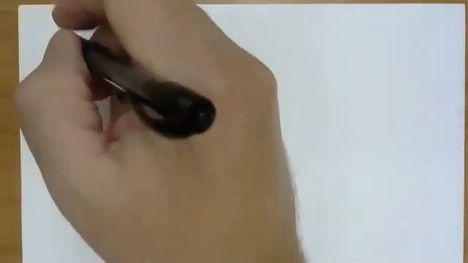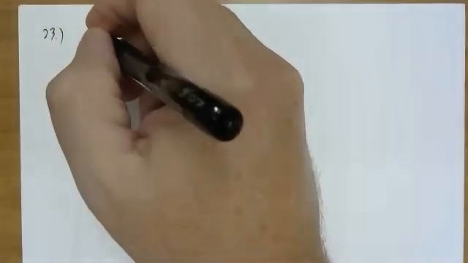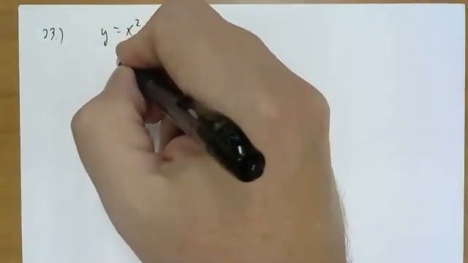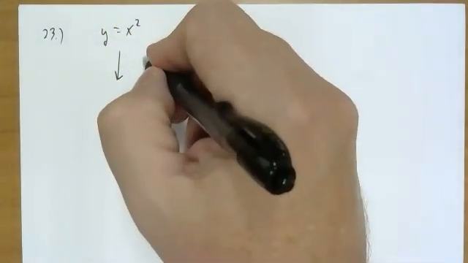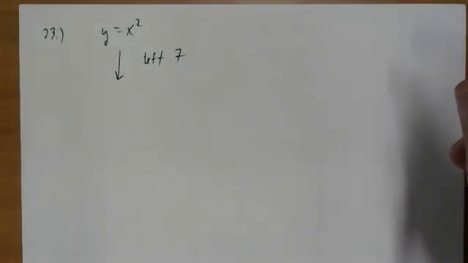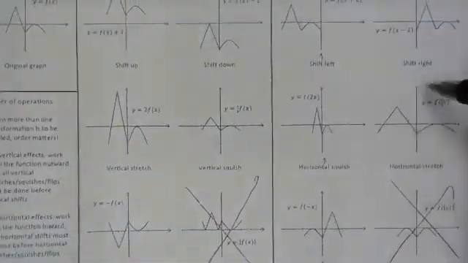So it's like we're going to build a function. The first thing we're going to do is shift left 7. So I go on here and figure out, of all these descriptions, which one is shifting left.